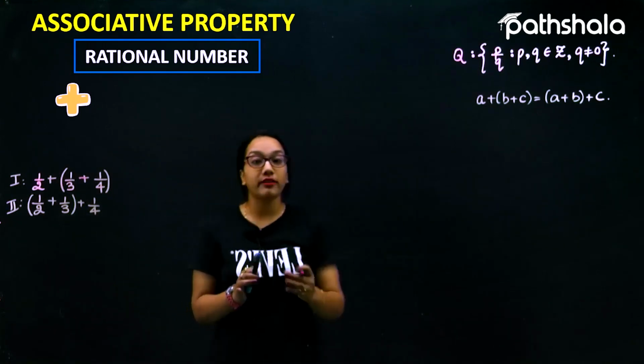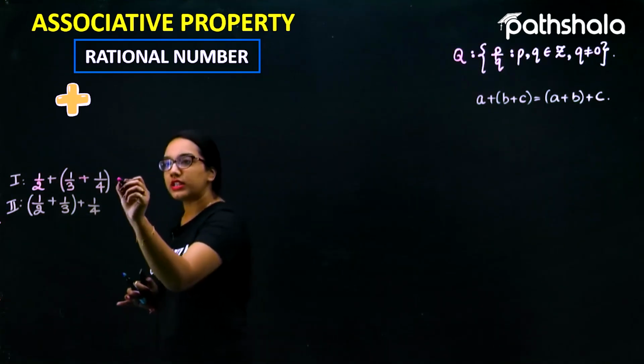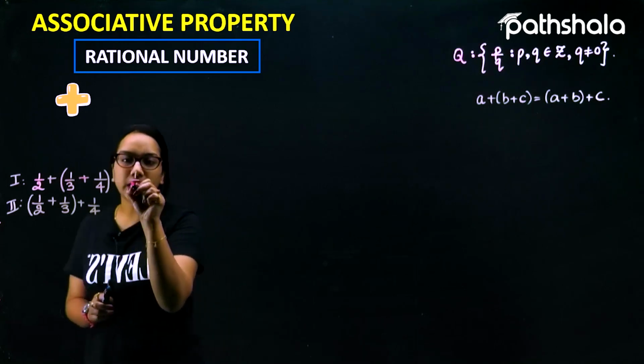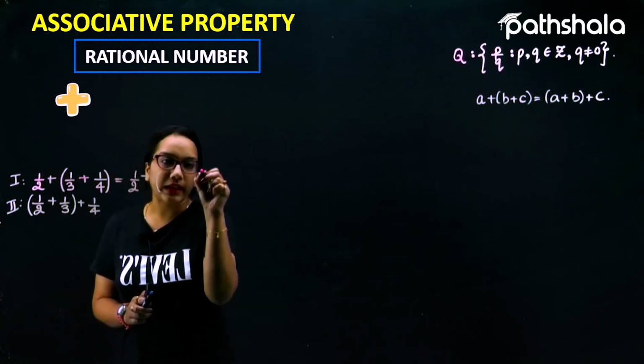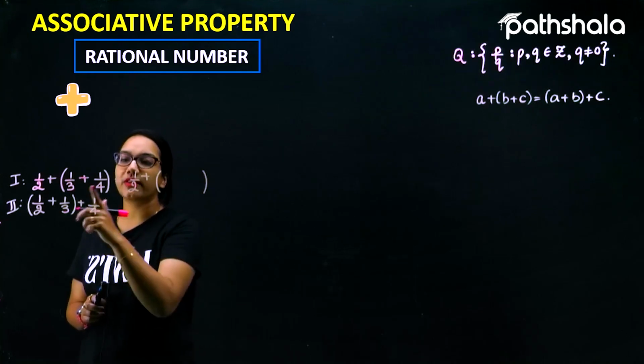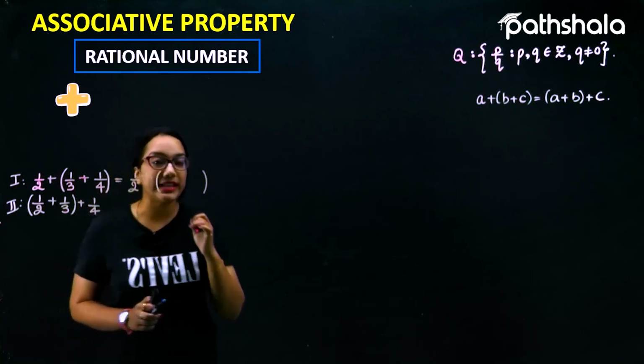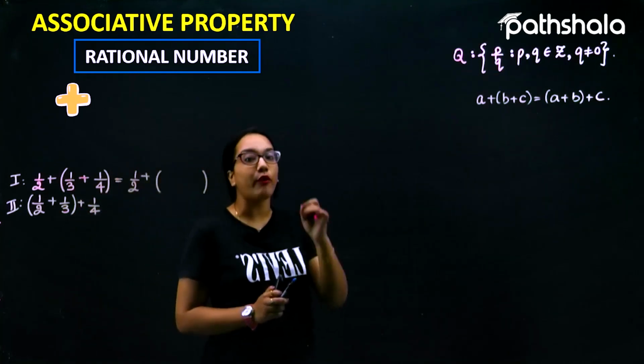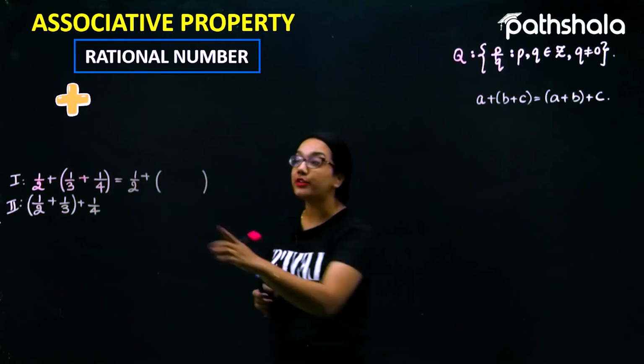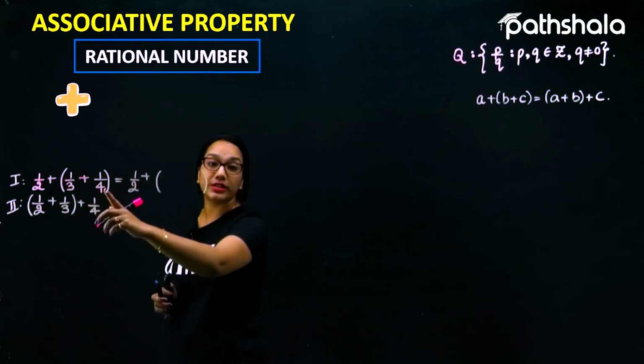So let's solve the first equation first. This is half plus, within the bracket, 1 by 3 plus 1 by 4. Let's take an LCM first. The LCM of 3 and 4 is 12.